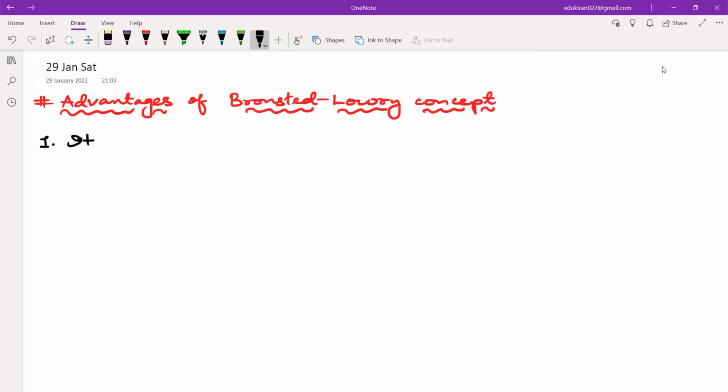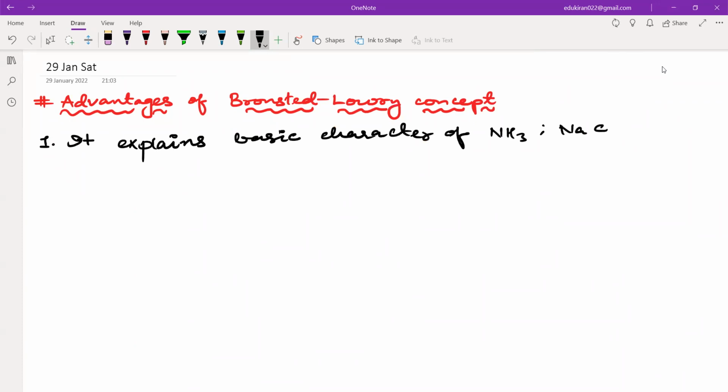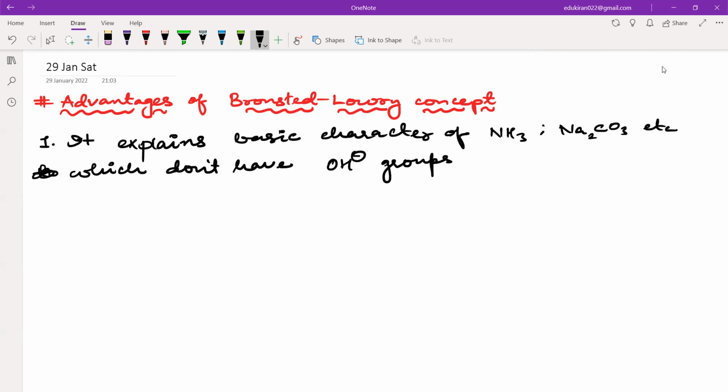So it explains basic character of NH3, Na2CO3, etc., which don't have OH minus groups.